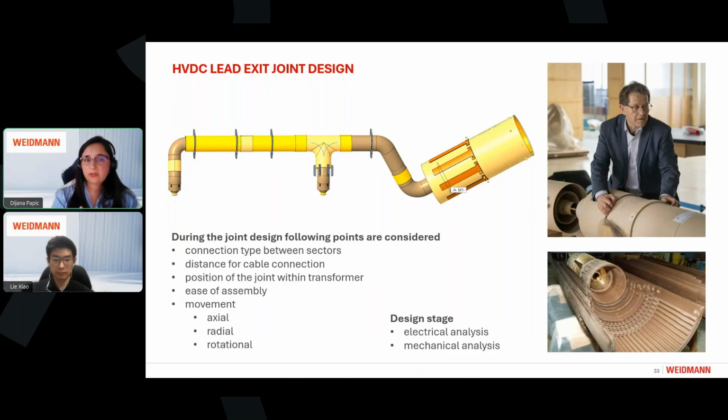They're part of the cable connection from the winding, and they must be easily manipulated and rotatable in all three axes. Therefore, it is always necessary to do a check in terms of electrical and mechanical analysis.